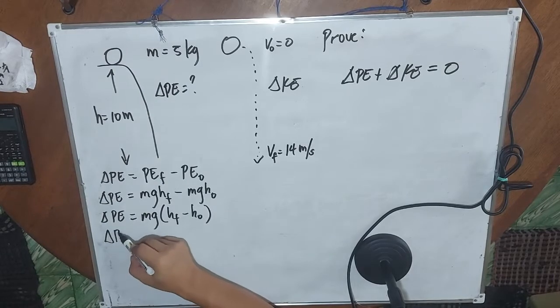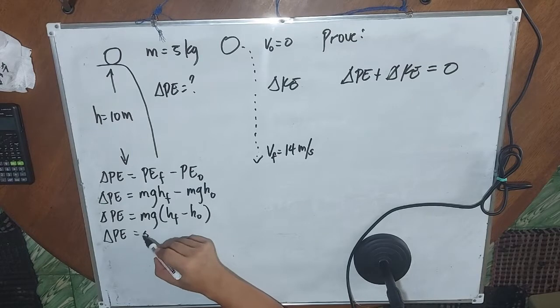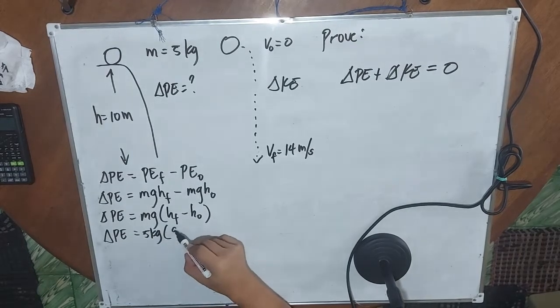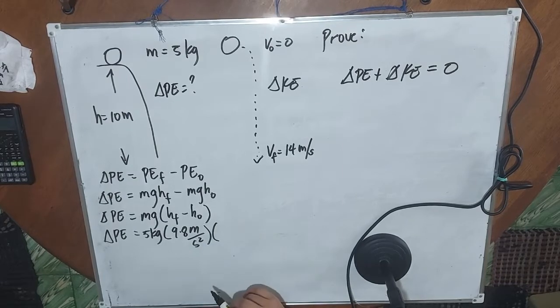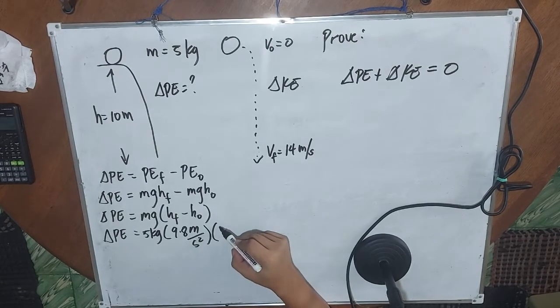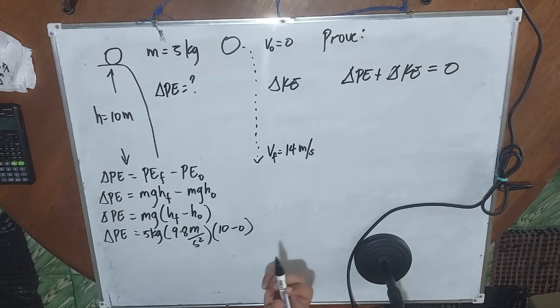So the change of potential energy would be 5 kilograms times 9.8 meters per second squared times 10 minus 0. Okay?